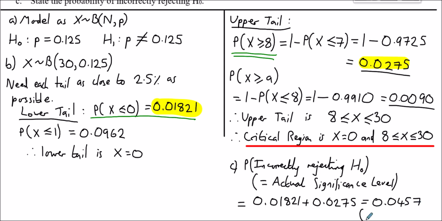The probability is probably best left as a decimal here, or if you wanted to, you could give it as a percentage. There's no particular harm in doing so, but you just don't need to. So the actual probability of incorrectly rejecting H0 is about a 4.5% chance, 0.0457.